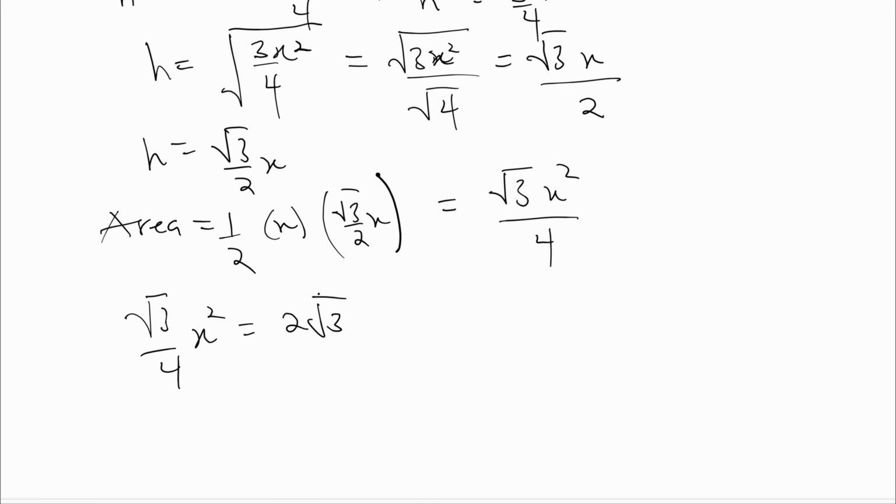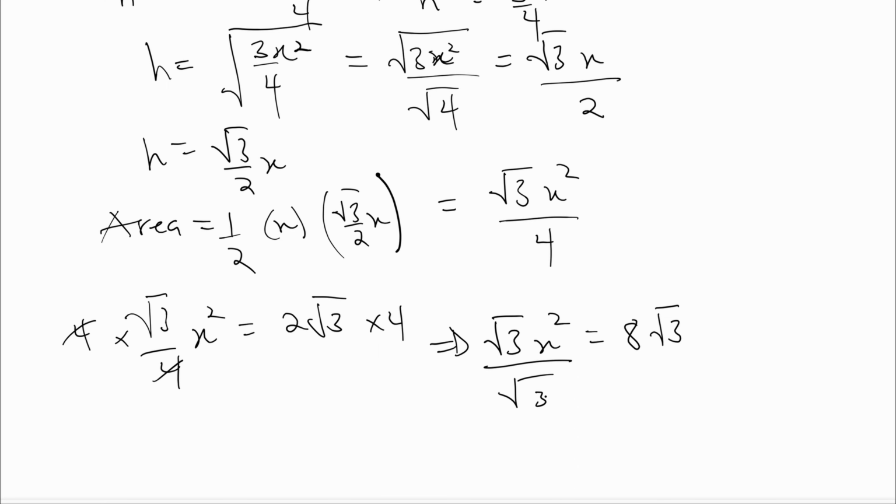So we multiply by 4 here and by 4 here. 4 cancels 4. So we have square root of 3 x squared is equal to 8 root 3. Now we divide here by root 3, here by root 3.